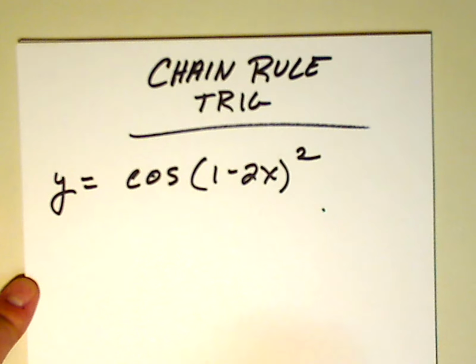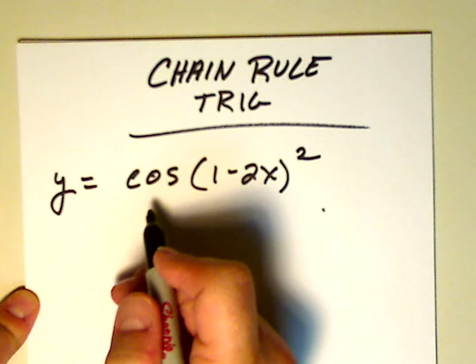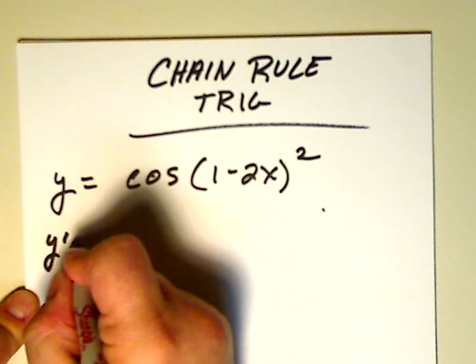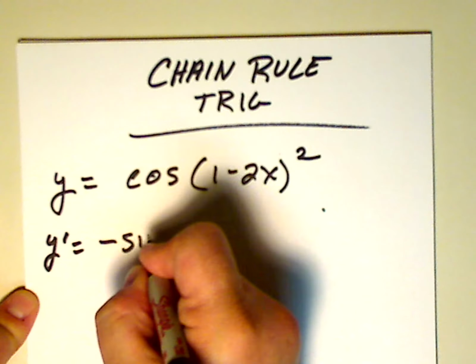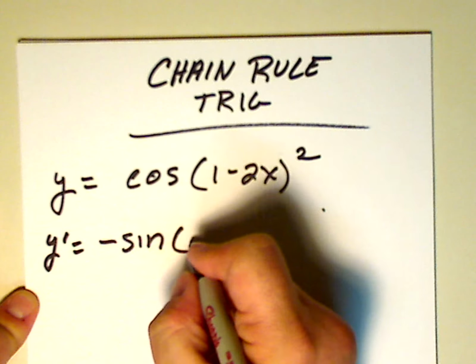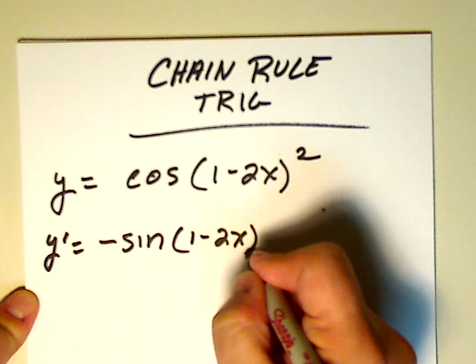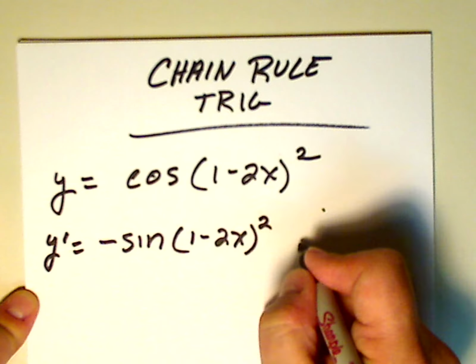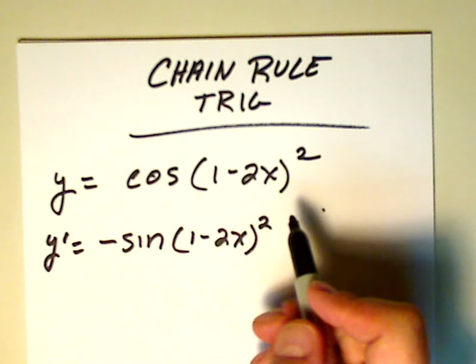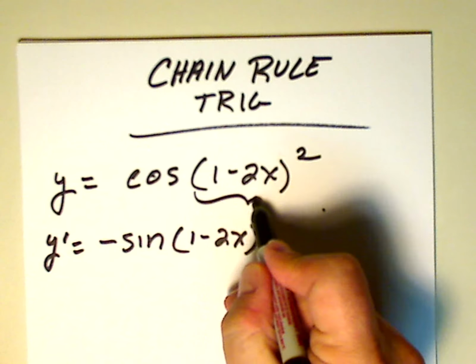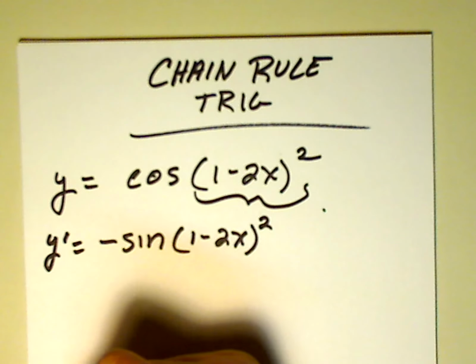So the derivative of cosine is negative sine, of 1 minus 2x squared. And then we're going to multiply this by the derivative of this piece right here.